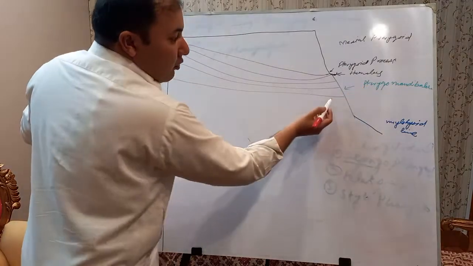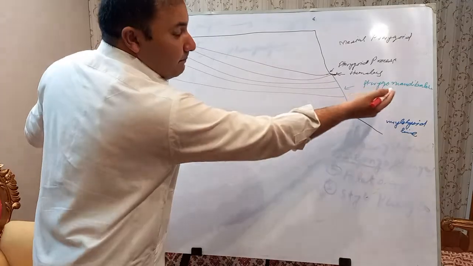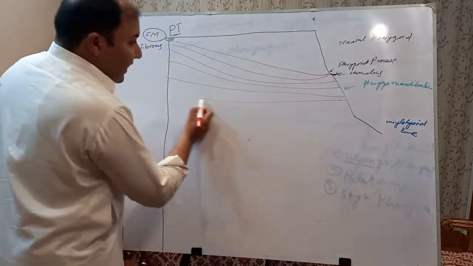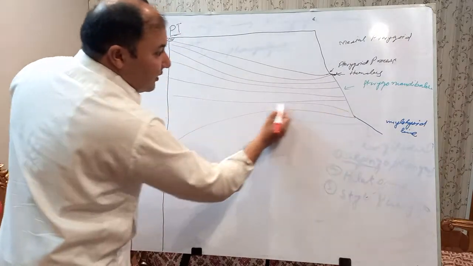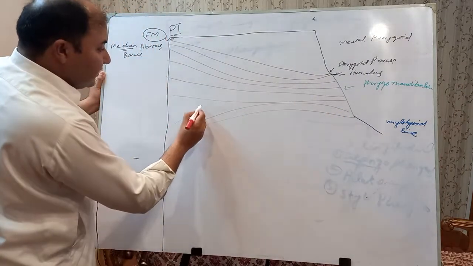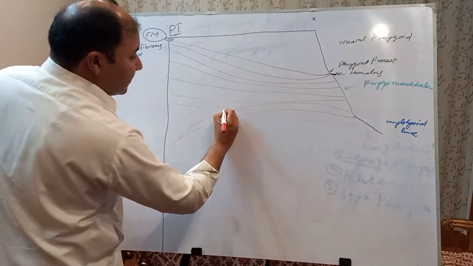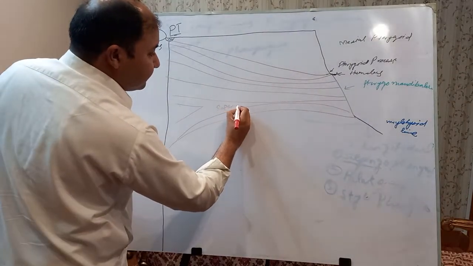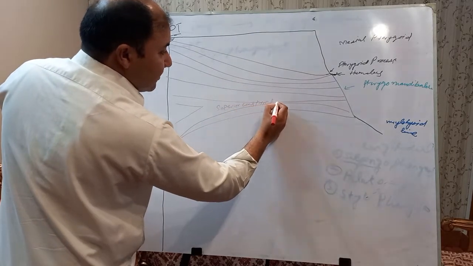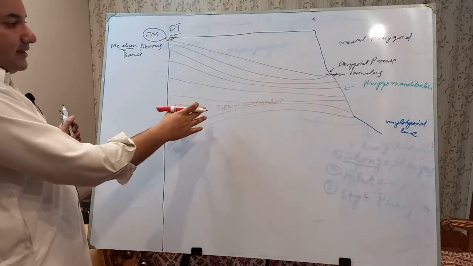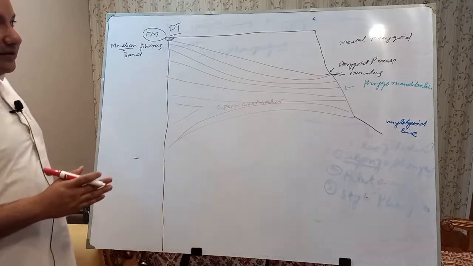Then some muscle fibers originate from the pterygomandibular ligament, and then from the mylohyoid line. This is the superior constrictor muscle, and it is inserted on the median fibrous band.